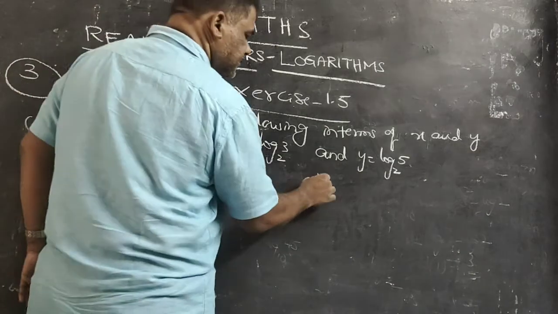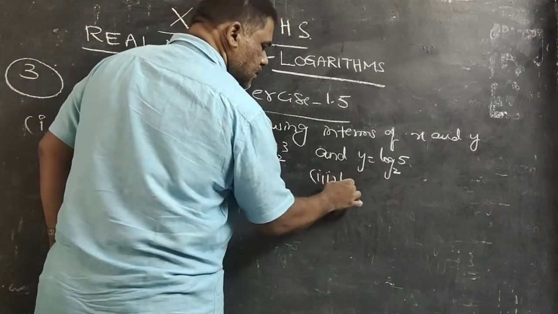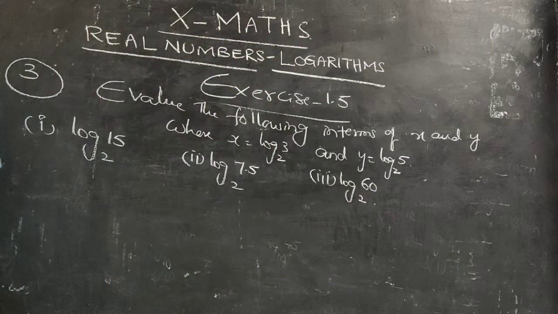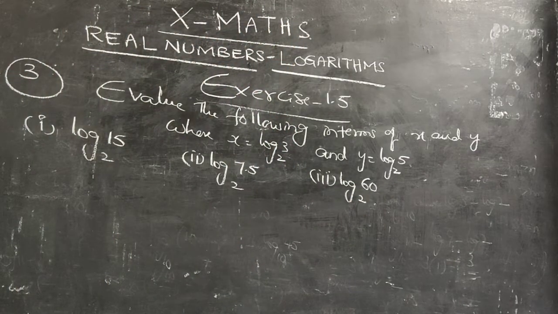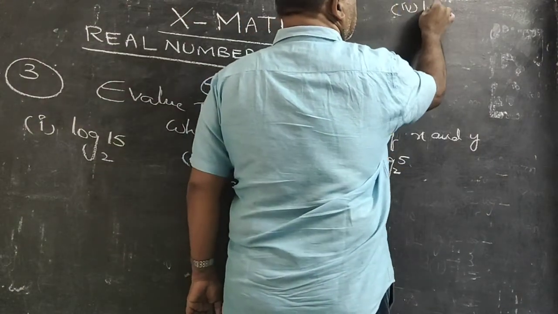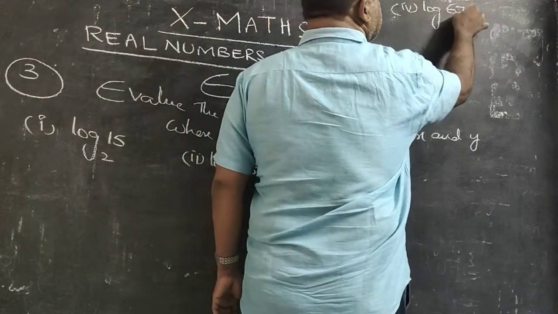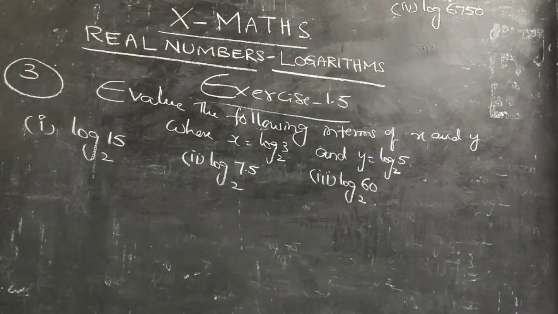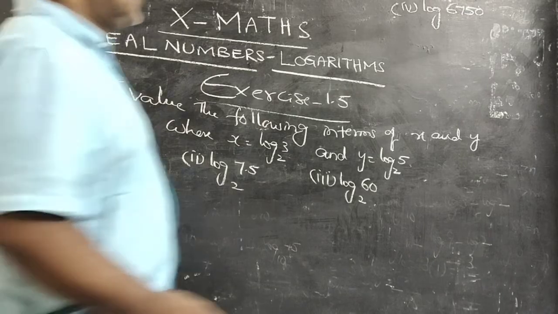Third one, log 60 base 2. Fourth one, log 6750 base 2.